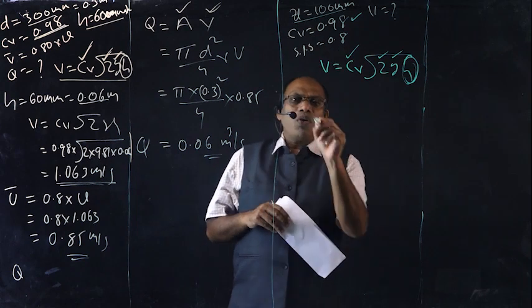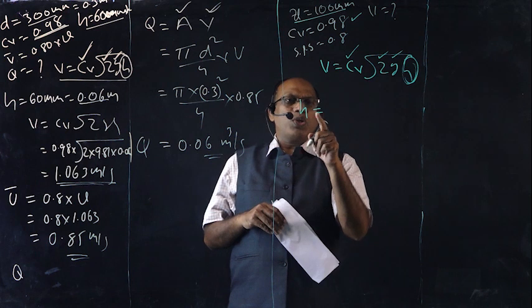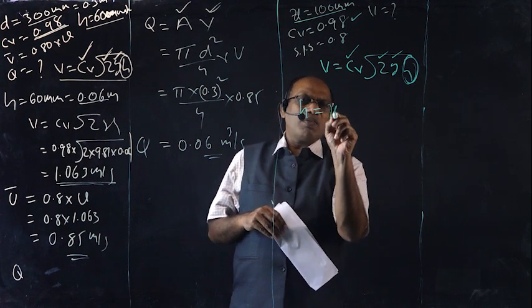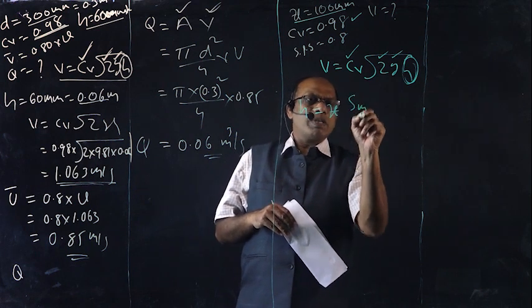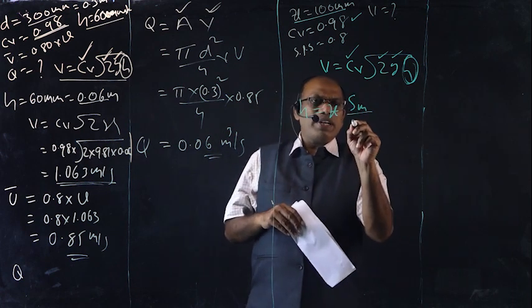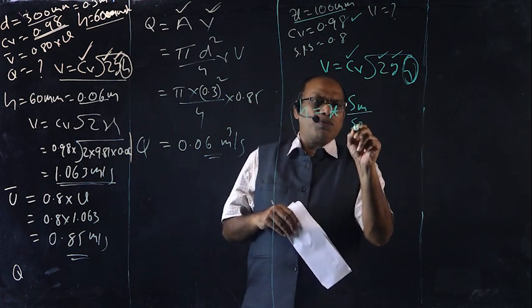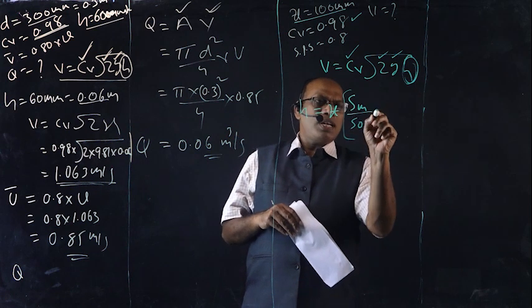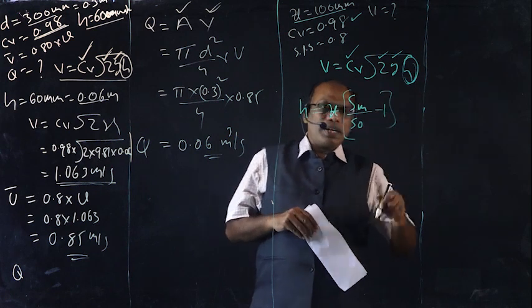Now for the determination of pressure difference, we know one formula: h is equal to X into the specific gravity of the heavy liquid divided by the specific gravity of the flowing liquid, that is oil, minus 1.